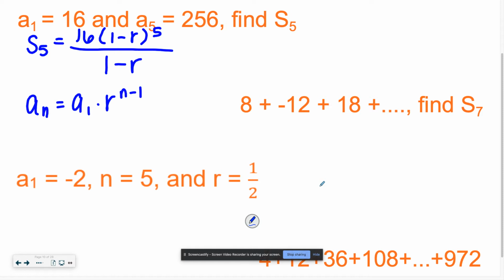So if you notice, they've given us information about our fifth term. So if I use that, first term is 16. We don't know our common ratio, but we know that that is our fifth term. So if I take 256 and divide it by 16, 16 is equal to r to the fourth. And if I take the fourth root of 16, of course, we're going to get the 2.